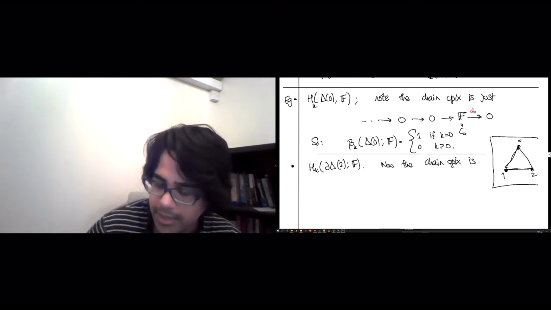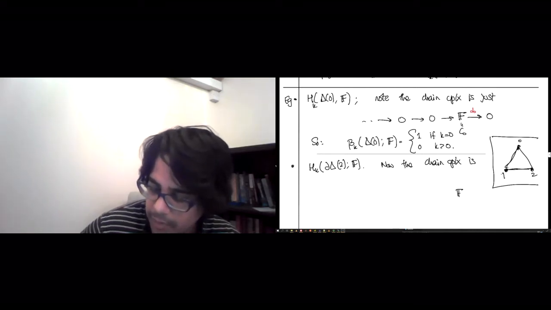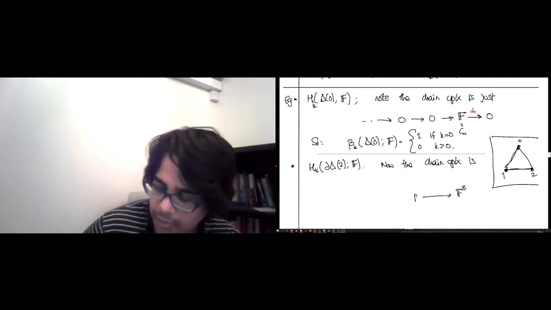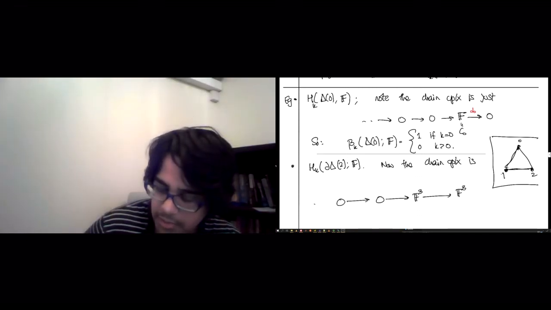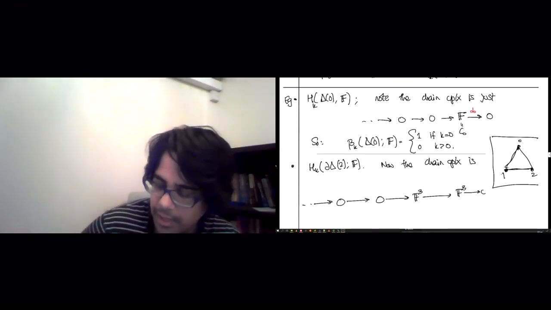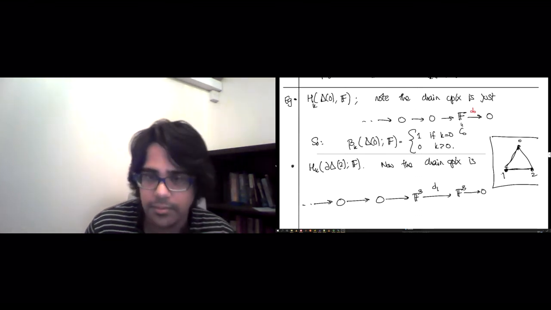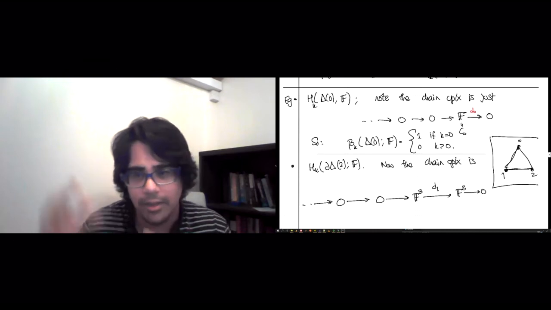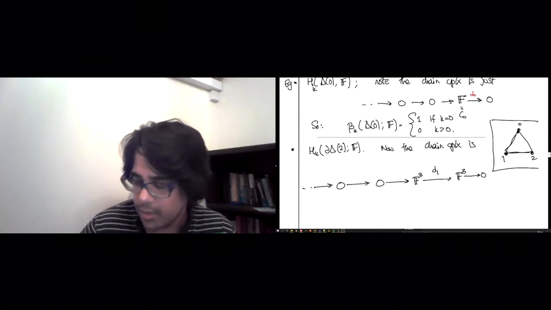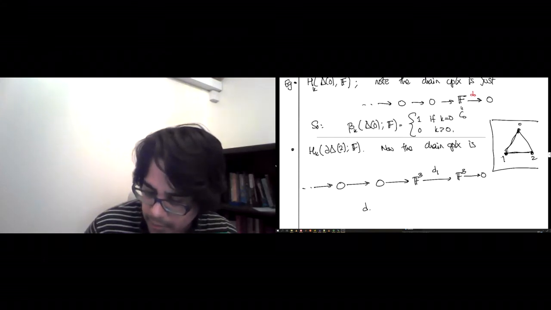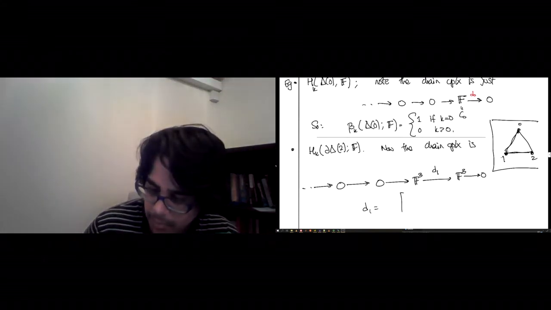So it won't be as easy as the previous computation. You have 3 vertices, you have 3 edges, and then you have no 2-simplices, no 3-simplices, all of that is 0. So there's some matrix here, which we should call D1 or del 1 of K if we're being fancy. Let's see what this matrix D1 looks like.